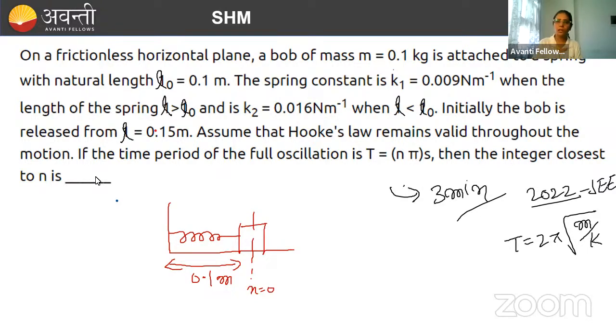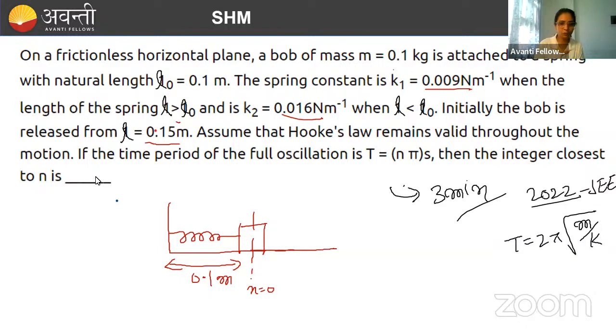Then now what is happening? Given that the spring constant K is changing actually. If L is greater than L naught, if the length of a spring is greater than natural length, then the spring constant is this one. And if the length of a spring is less than L naught, the spring constant is how much? This much. Okay. Initially, the bob is released from L equal to 0.15 meter. Initially means at time t equal to 0, x is not 0.